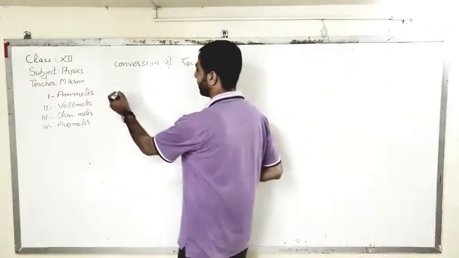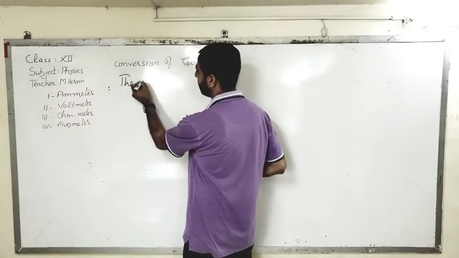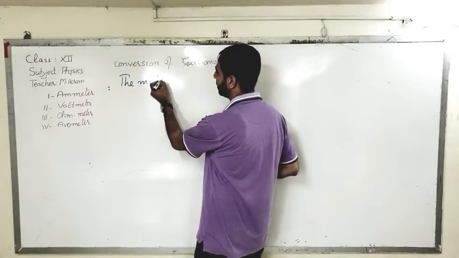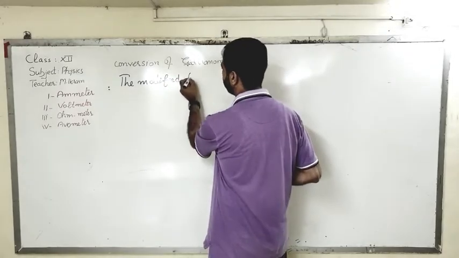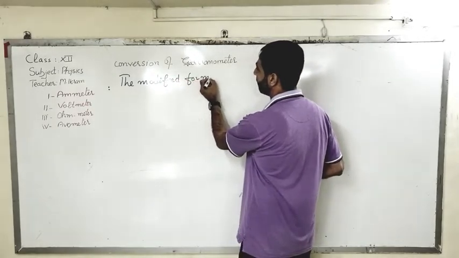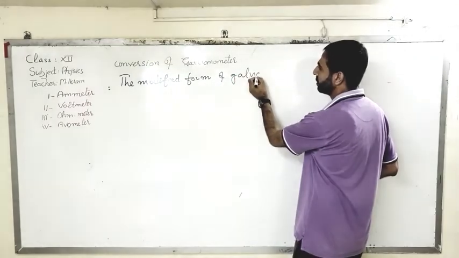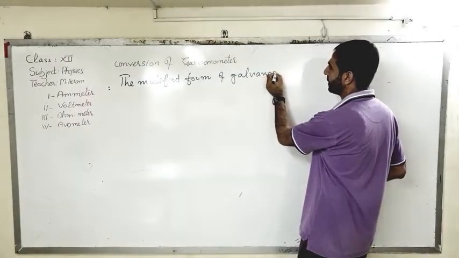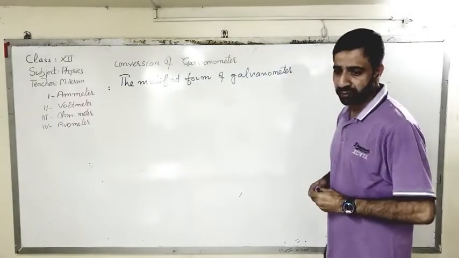So ammeter is in fact the modified form of the galvanometer. It is what? The modified form of the galvanometer.